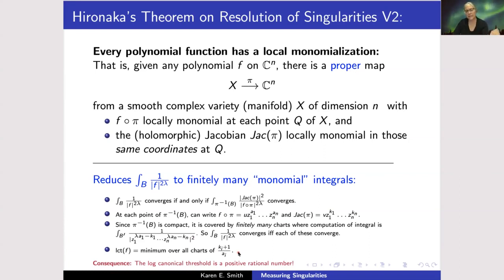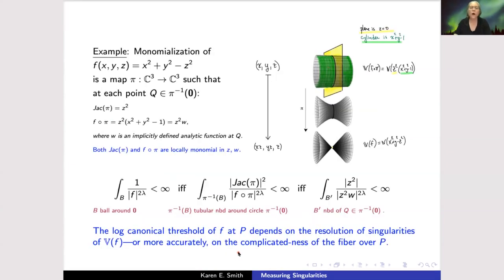So I realize that this is a little bit complicated for people to understand in a colloquium talk. It's not that important to understand exactly what's going on here. The important message of this is that computing this log canonical threshold is closely related to Hironaka's theorem for resolution of singularities, or at least its computation can be computed from a resolution of singularities.